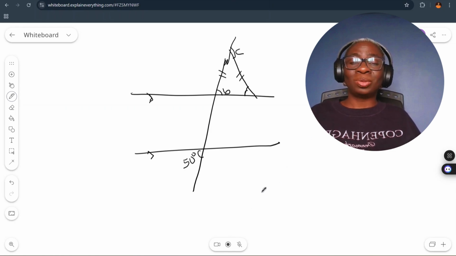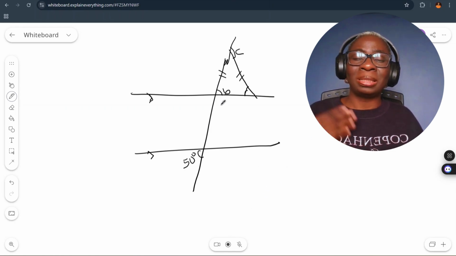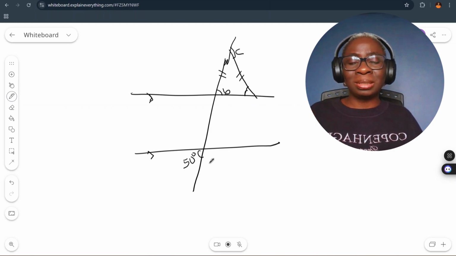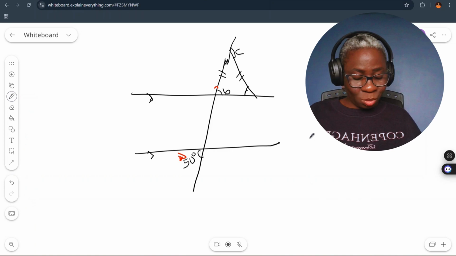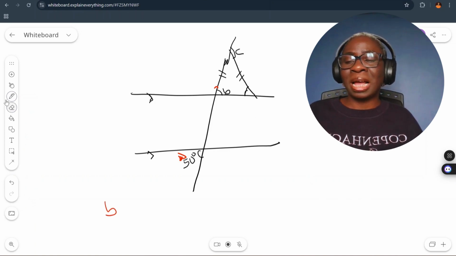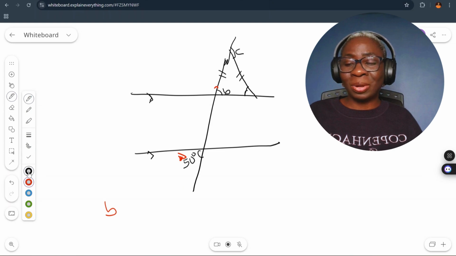So the first thing we have to do is to find B. When we get B, then we use B to calculate C. So what is B? B is equal to 50, because they are alternate exterior angles.